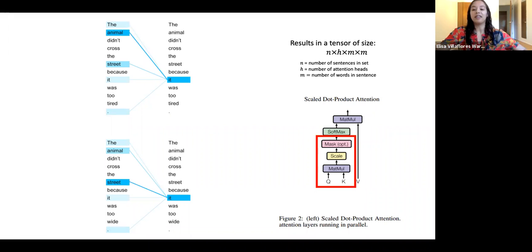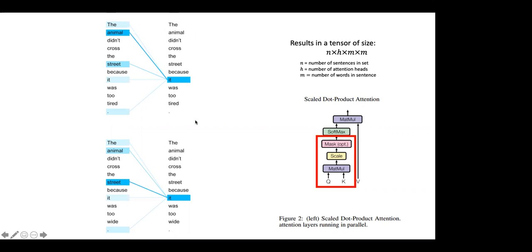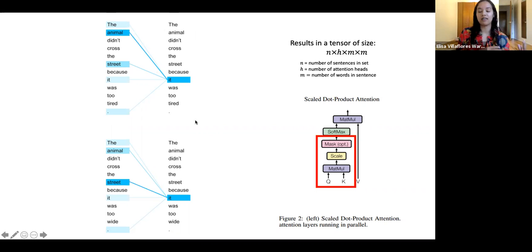No. In this case, they are going inside the network and looking at what's going on. The network as a whole is translating from English to German, but they went into the encoder, which is only focused on English.